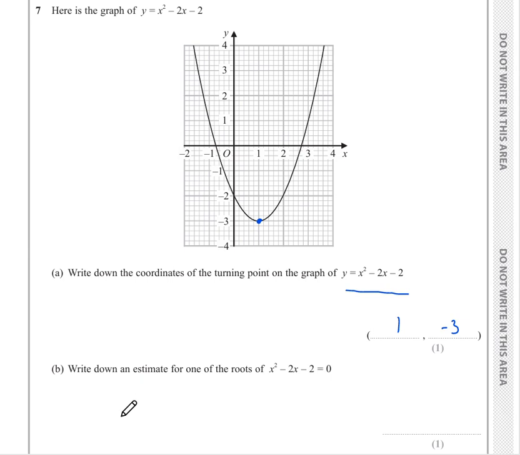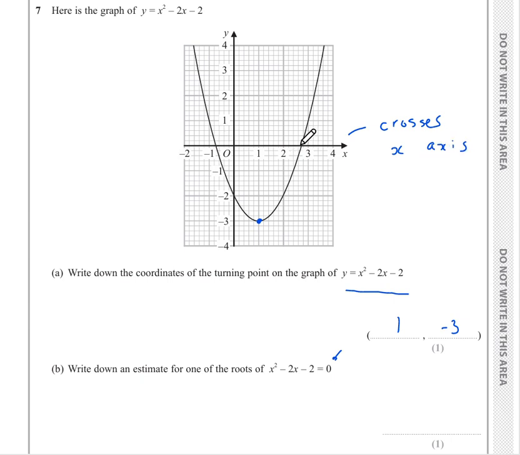Part B. Write down an estimate for one of the roots of x squared minus 2x minus 2 equals 0. So we've got where it's equal to 0. This is the point where y is equal to 0, which is where it crosses the x-axis.